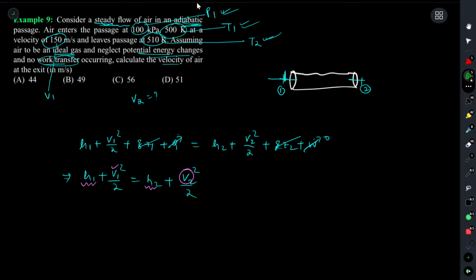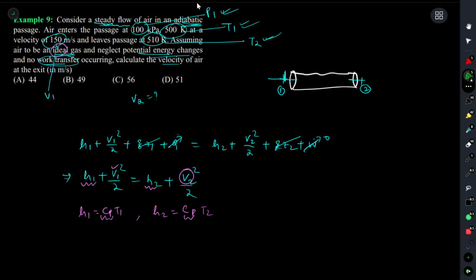And as this is saying that this is an ideal gas, air is an ideal gas, then for an ideal gas I can write H1 as CpT1, right? Similarly I can write H2 as CpT2. Okay, and these Cp values for air we know.